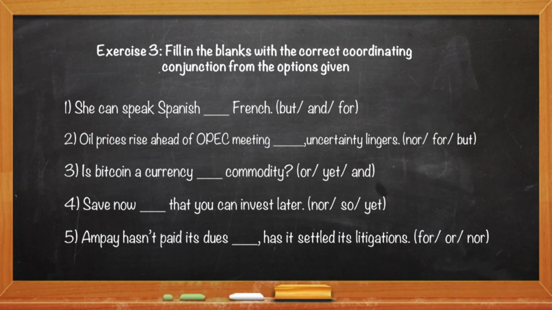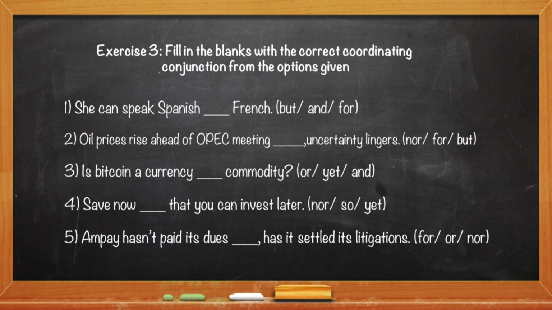Fill in the blanks with the correct coordinating conjunction from the options given below. First, she can speak Spanish, dash, French: but, and, for. The choices are given. See what fits best here. Oil prices rise ahead of OPEC meeting, dash, uncertainty lingers: nor, for, but.